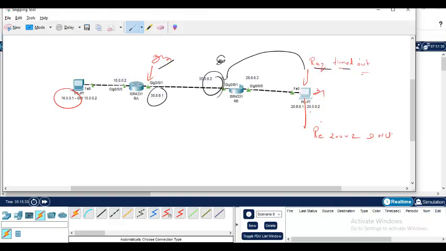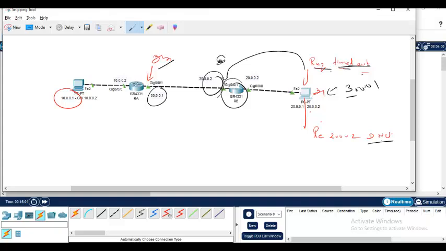I told you, when your gateway does not know the destination, you will get destination host unreachable. But this destination you're pinging from here, 30001, is a known destination. So you will not get destination host unreachable. But then why am I getting request timed out? That is what we need to see.